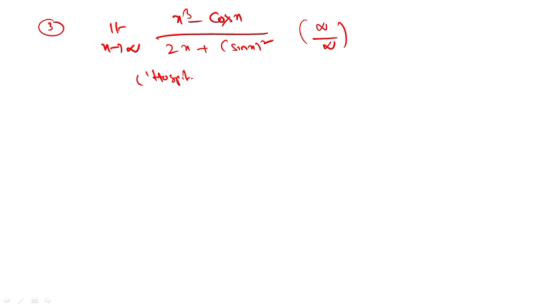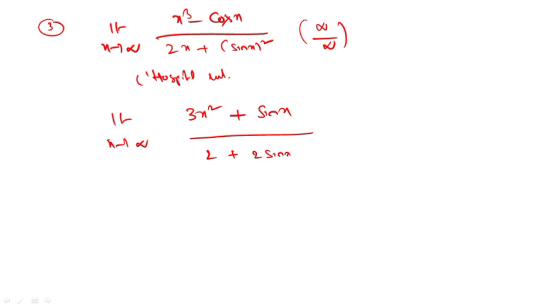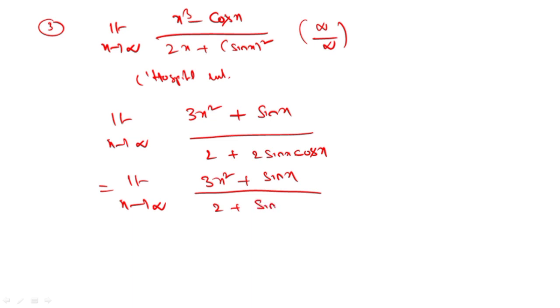So if I apply L'Hopital rule, limit x tends to infinity, 3x square plus sin x by 2 plus 2 sin x cos x. The derivative of sin x whole square is 2 into sin x, and the derivative of sin x is cos x. This will be 3x square plus sin x by 2 plus sin 2x.